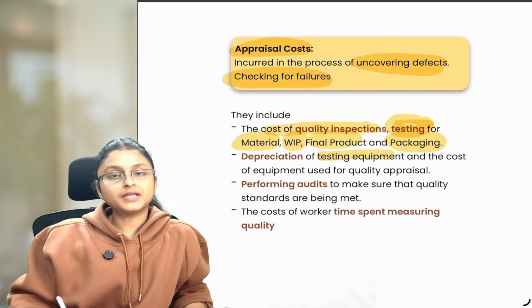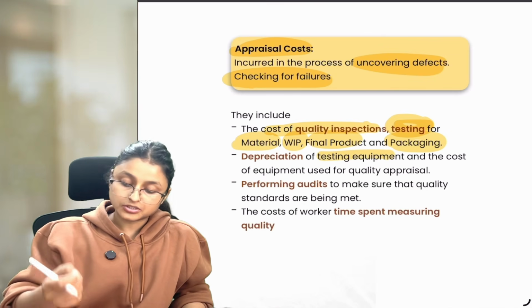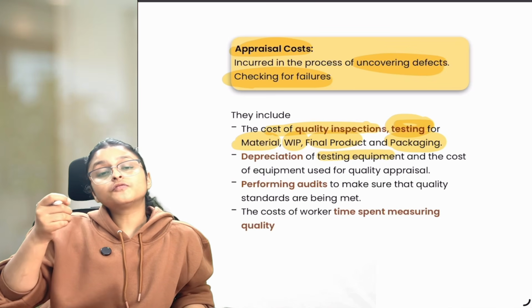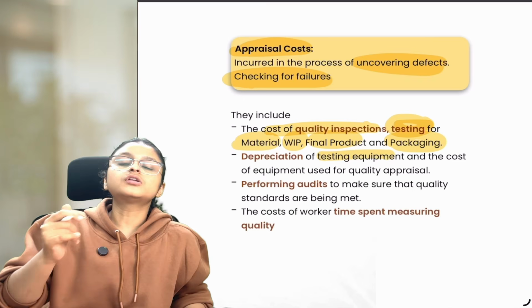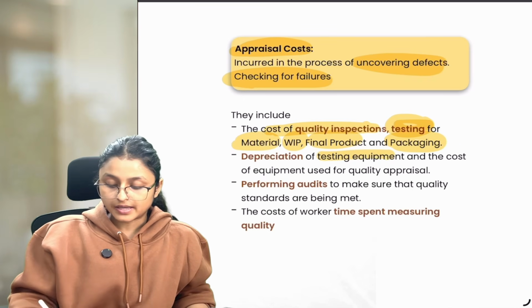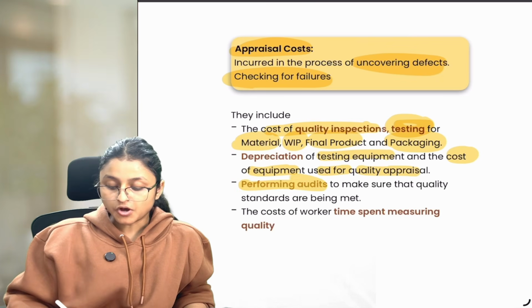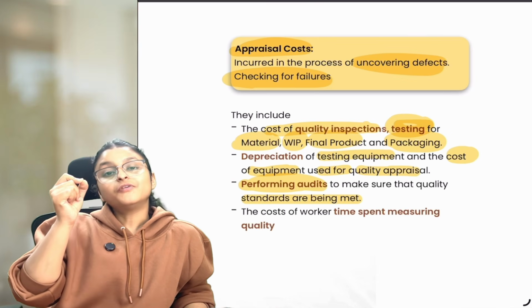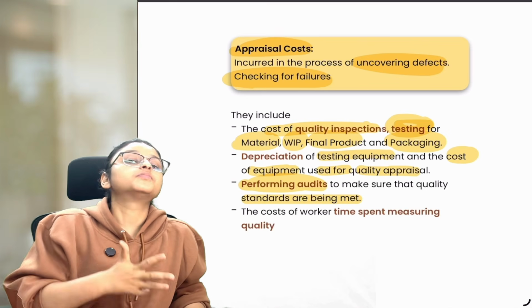Depreciation of testing equipment. There might be some equipment which the organization is using. Depreciation of it will be included in appraisal cost. If there are some equipments which are of very low cost, then there will be no depreciation of it. The total cost will be charged in our books, and that cost of equipment used for quality appraisal will be included in your appraisal cost. Performing audits to make sure that quality standards are being met. Now, whether inspection is happening properly or not, for that also we can have performance audits.